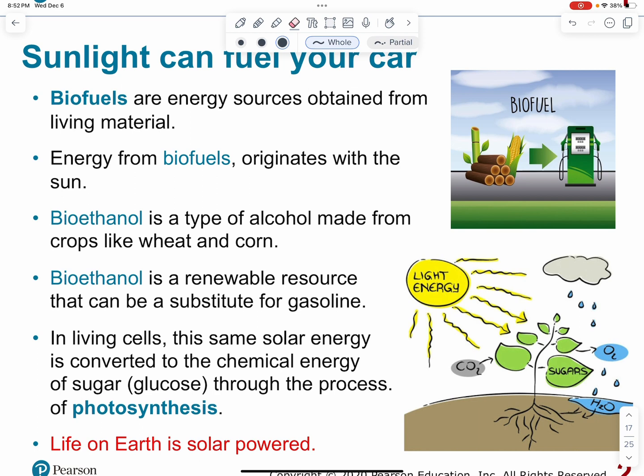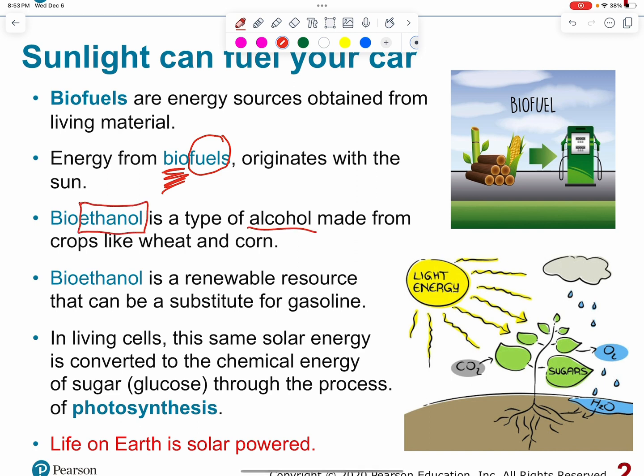So the object of photosynthesis is to make fuel, and humans can harvest plants, and that glucose and the building blocks of the plants themselves can be turned into fuels. The fuel starts as glucose, but we can take these plants that are alive and turn it into ethanol.